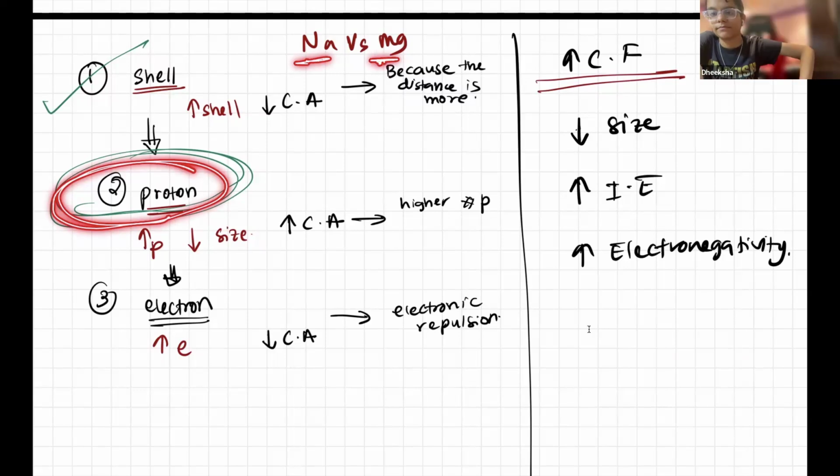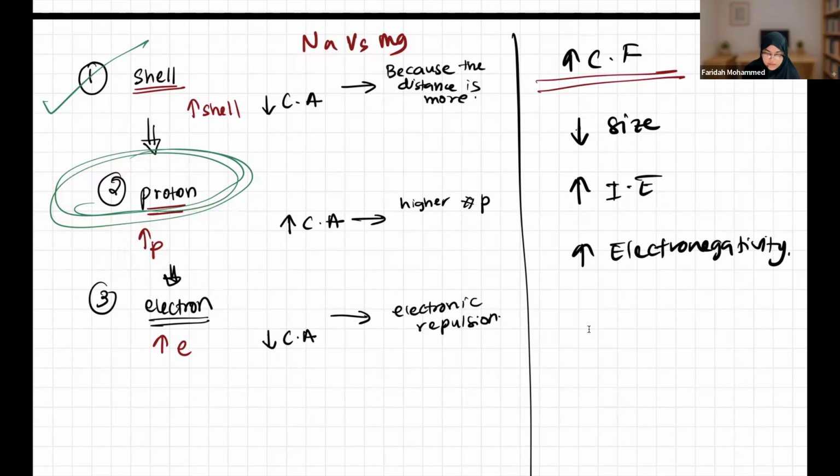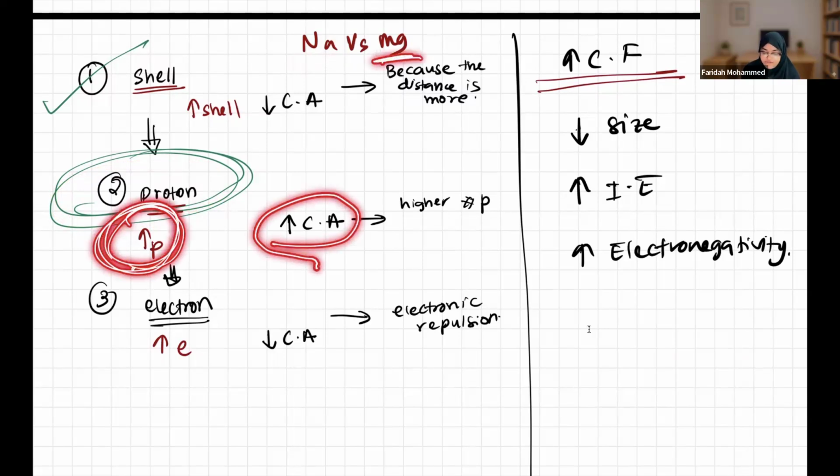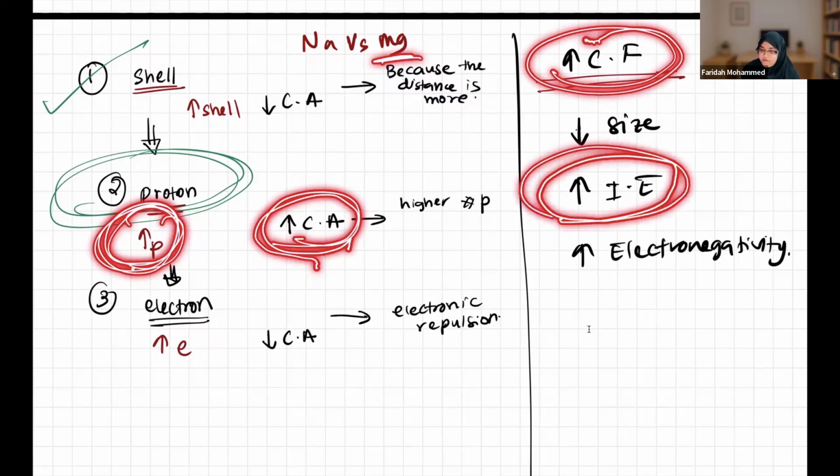Magnesium has more protons. Higher number of protons means higher Coulombic attraction. Magnesium has a higher number of protons, therefore it will have higher Coulombic attraction. With higher Coulombic attraction, it will be harder to remove the electrons from the atom, so the ionization energy will be higher.